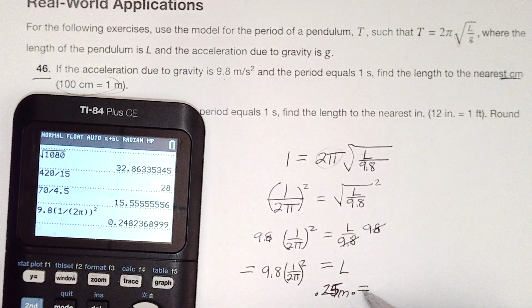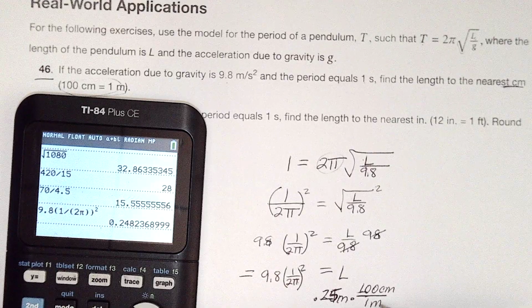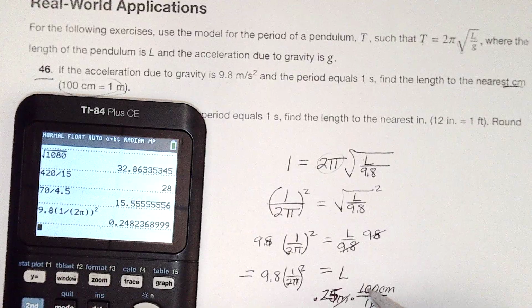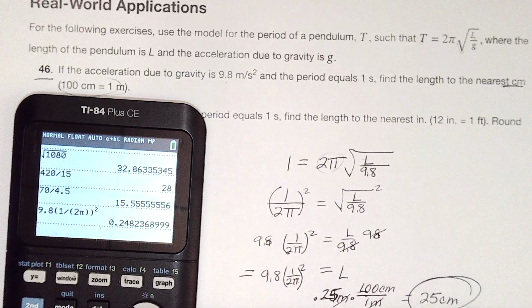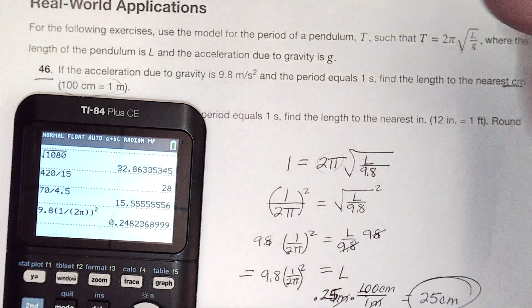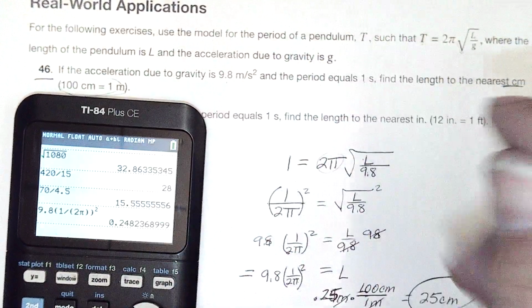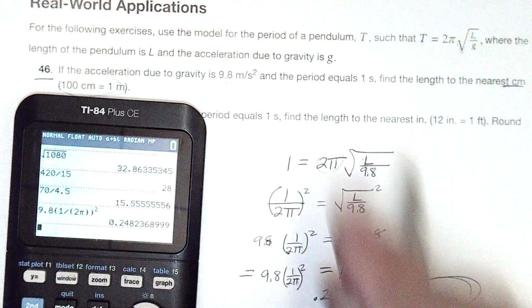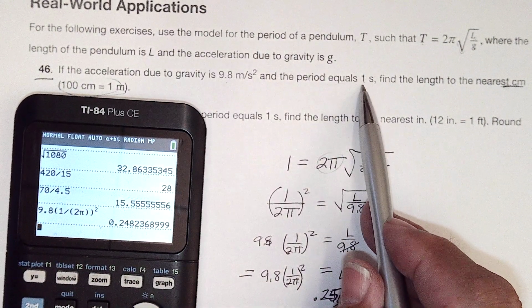So if I multiply by 100 centimeters makes 1 meter, then the meters cancel, and 0.25 times 100 is 25 centimeters. So if my pendulum was 25 centimeters long, it would swing back and forth once over and back every second.